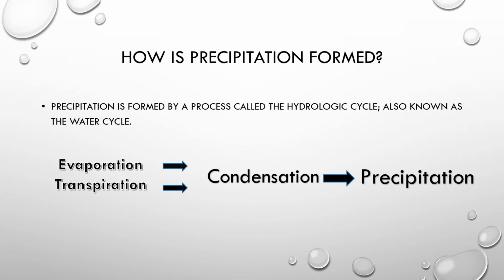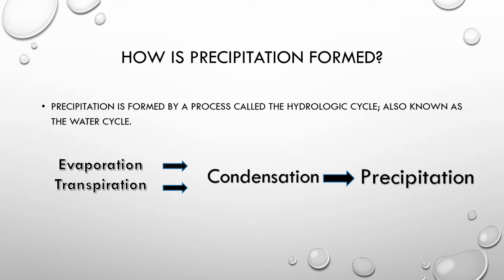The water comes from oceans or any type of extra water source in the atmosphere. It can come from lakes, oceans, any type of water. Transpiration comes from our plants. What happens is the water evaporates and becomes water vapor, which is our condensation.